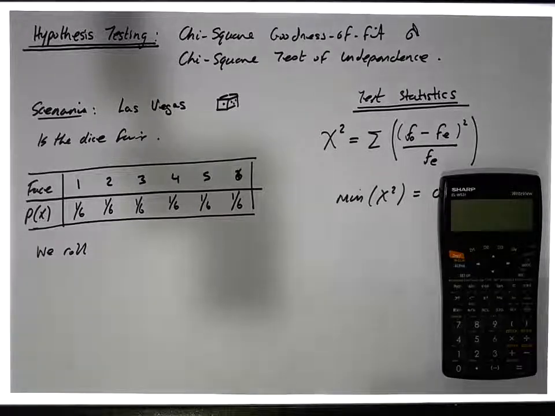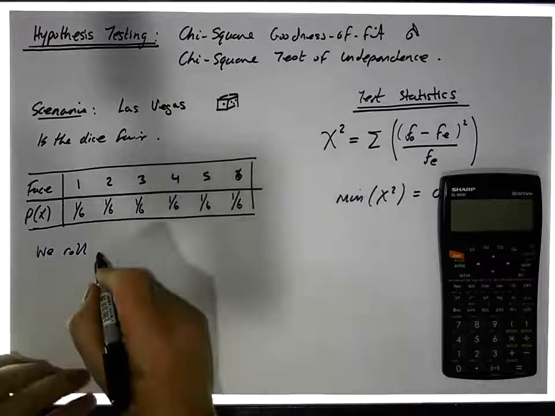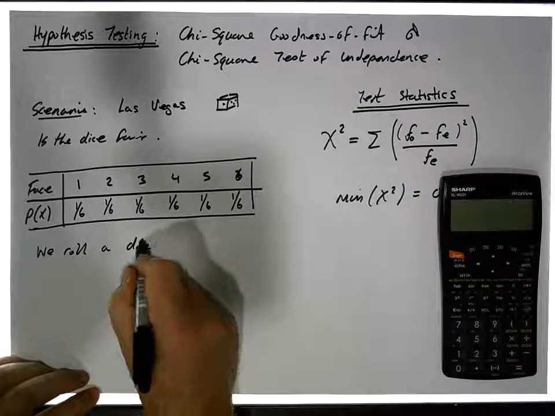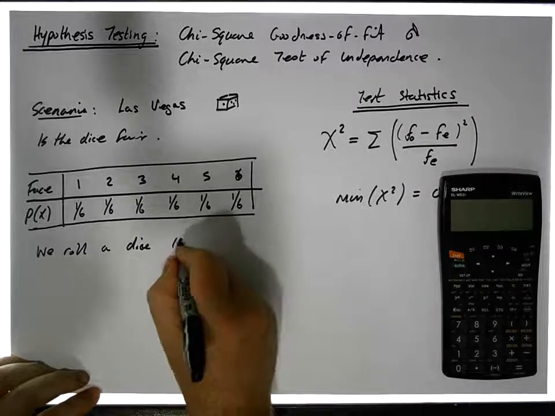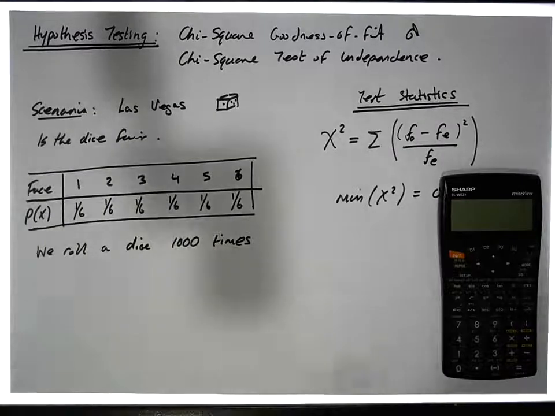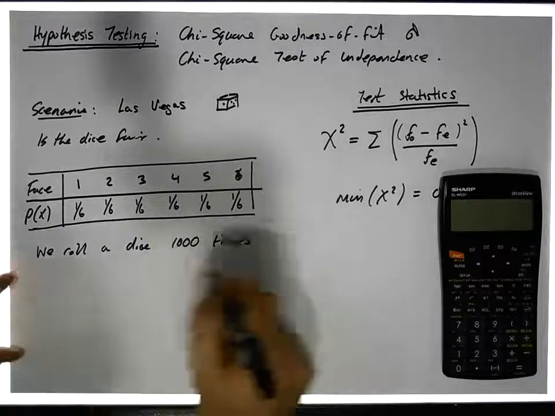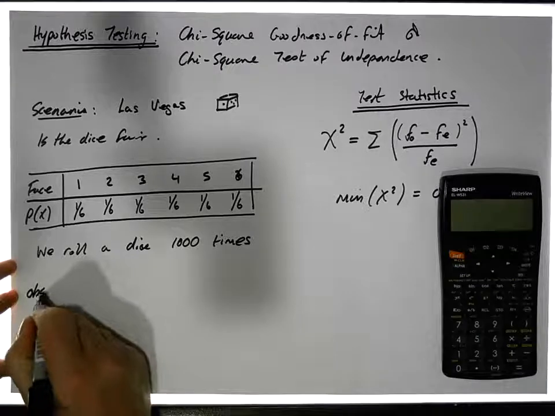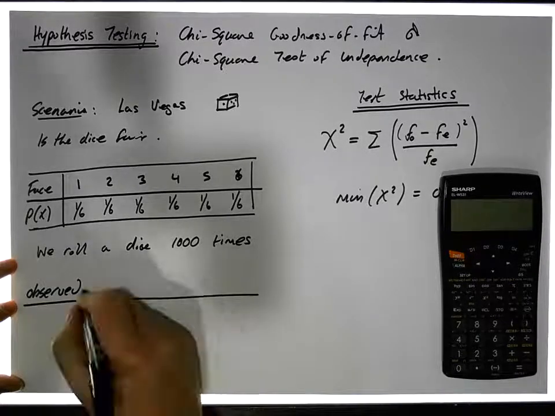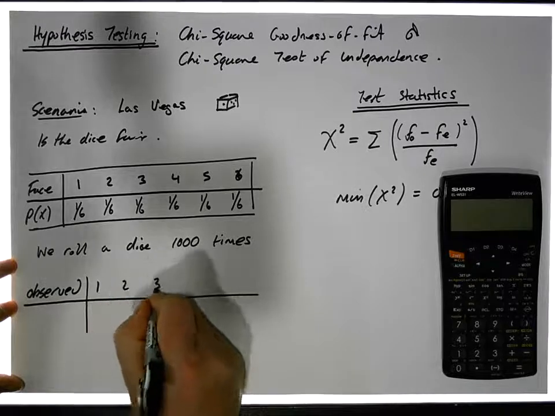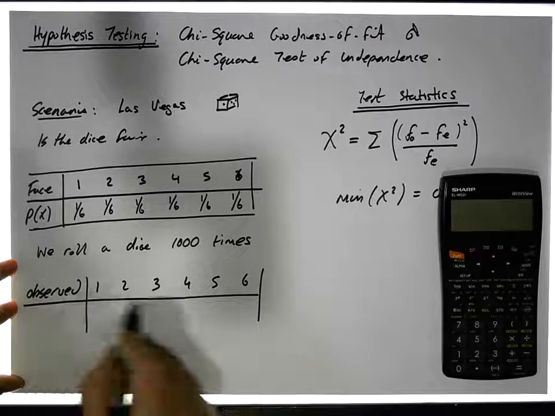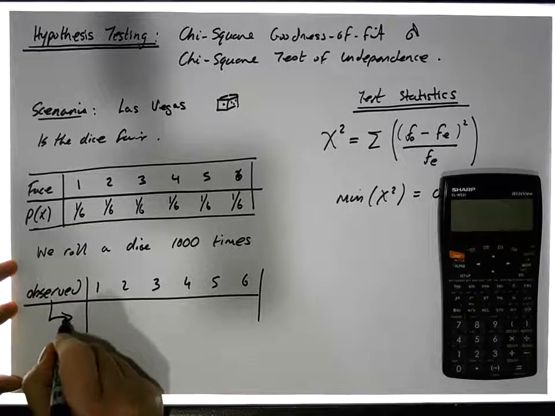So let's say we roll a die 1,000 times in Vegas, and we want to check whether the die is fair. Here are our observations for the face values 1 through 6.